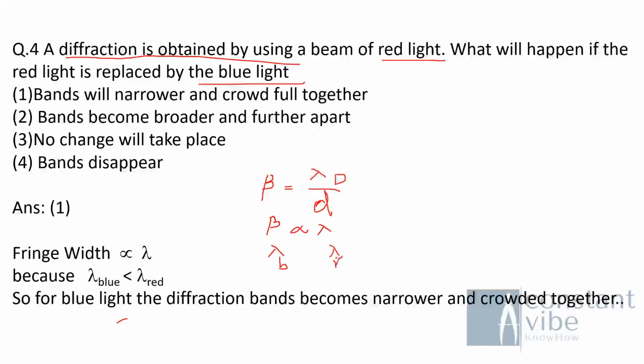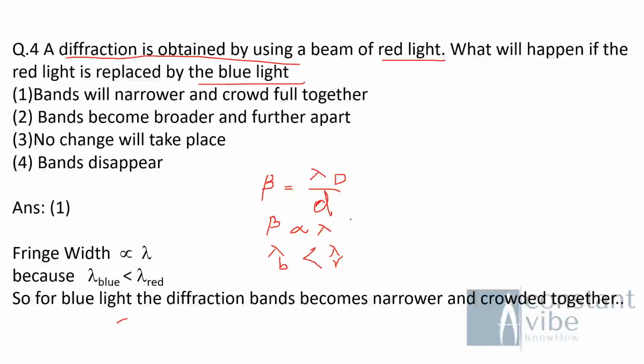Here in the electromagnetic spectrum, you can see the bandwidth of blue is less than the bandwidth of red. So that means the bandwidth of B is less than the bandwidth of R.